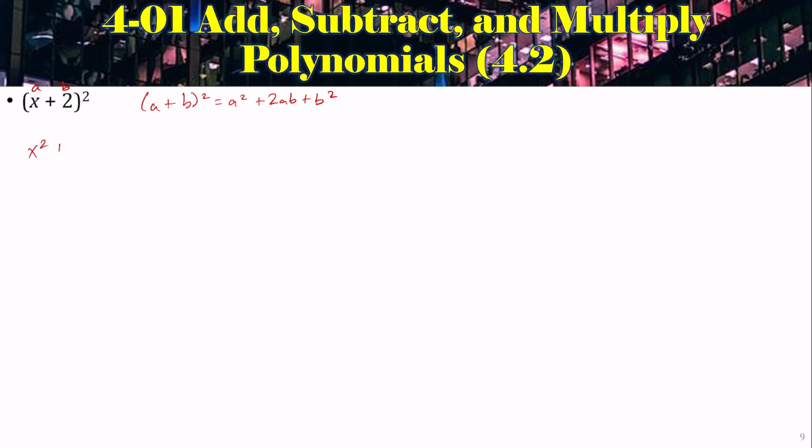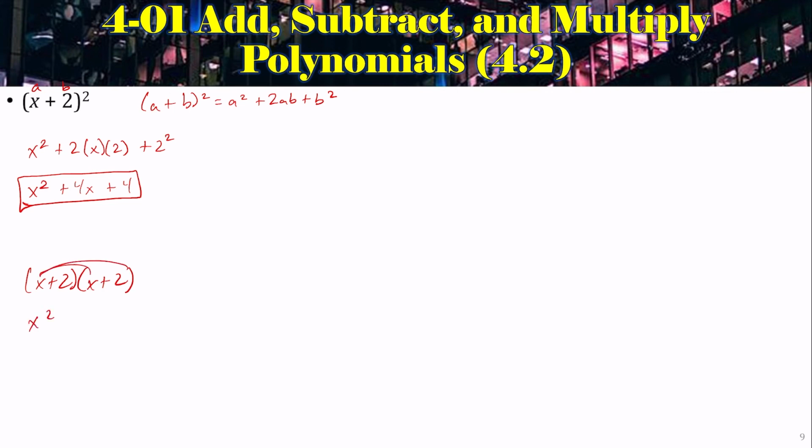We'd have x squared plus 2x times 2 plus 2 squared, or x squared plus 4x plus 4. Or you can multiply out x plus 2 times x plus 2, and you'll get the same thing. x squared, 2x, 2x, 4, which is x squared plus 4x plus 4. Same thing.